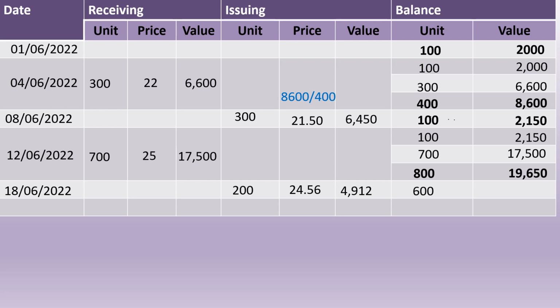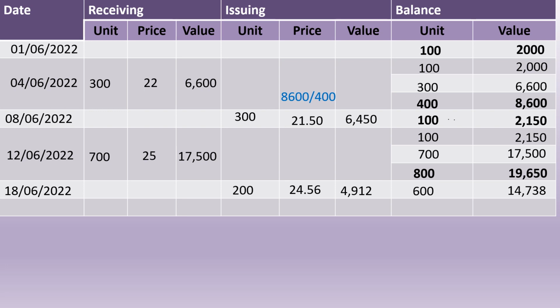Then to get the remaining balance, we have to use the same procedure. Since we had 800 units and have issued 200 units, the inventory balance is 600. To get the balance of the inventory value in rupees, from the 19,650, we are going to deduct 4,912.